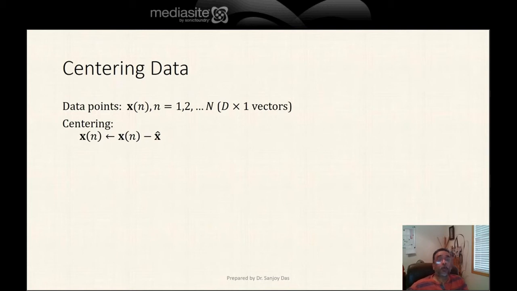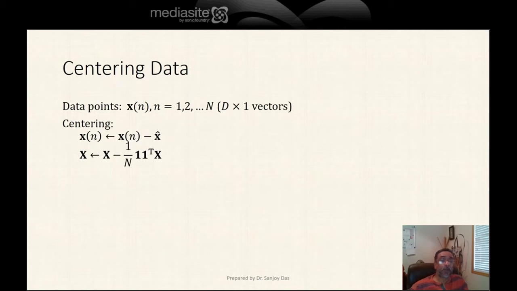And so let's see how to center the data. Once we have the mean, which is x hat of all the data points, the centering is simply subtracting x hat from each sample point. And that's when you do it sample by sample. Now, when you have to do it in a single operation in terms of the data matrix uppercase X, this is in fact what you do.